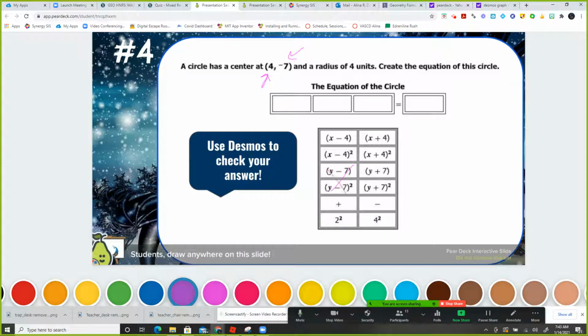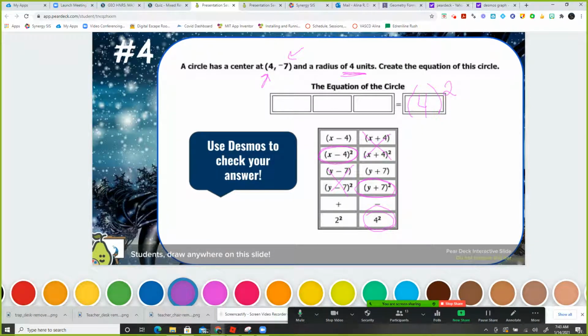So it can't be the -7, and it has to be squared because I know the pattern. And then because I have a -7, I need a +7 over here. So it's not going to be either one of those, and I need it to be squared. And then if the radius is 4, remember the end of our equation is always squared as well. So that's going to be 4 squared.